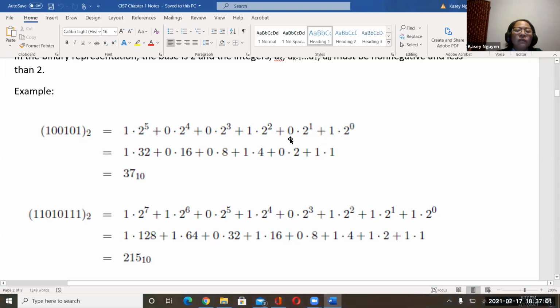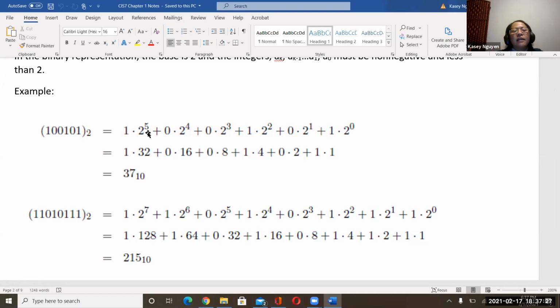As we move left, we do a plus: 2 to the first, 2 to the second, 2 to the third, 2 to the fourth, 2 to the fifth. The decimal equivalents of these are 1, 2, 4, 8, 16, 32, 64, 128, 256, 512, 1024, and so on.